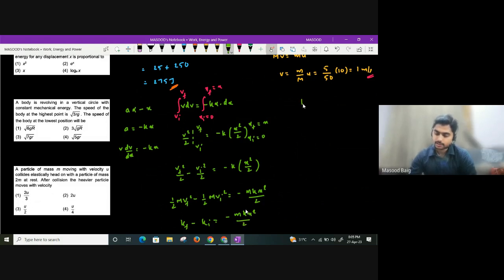Or from this I can write initial minus final will be equal to mkx square divided by 2. So what is initial minus final? It is the loss, guys. So the loss in kinetic energy, as you can see, is directly proportional to x square, guys.